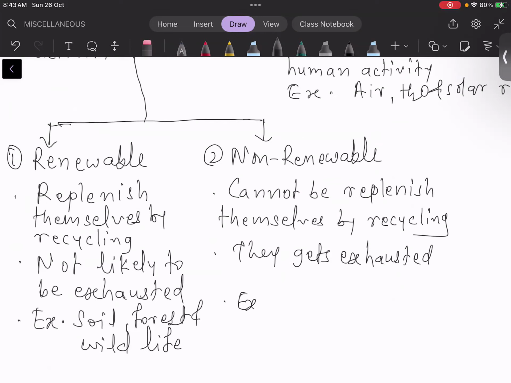The best examples of non-renewable resources include minerals and fossil fuels, etc. Is there any doubt?